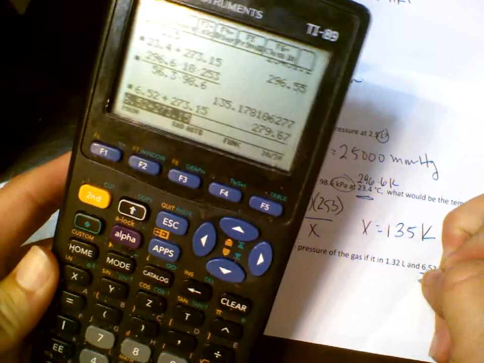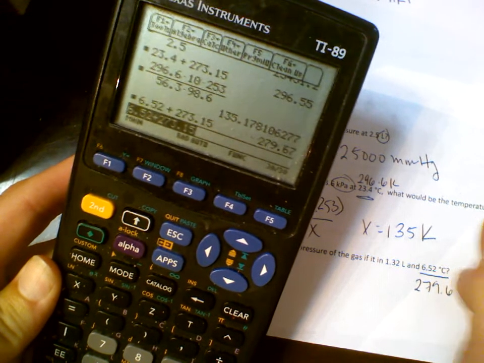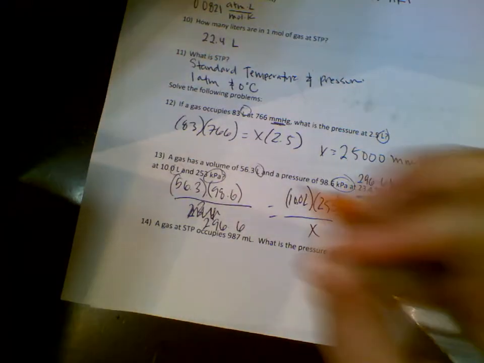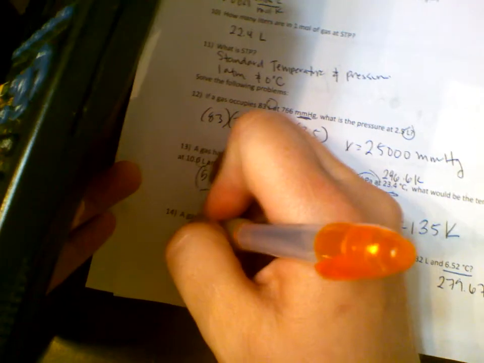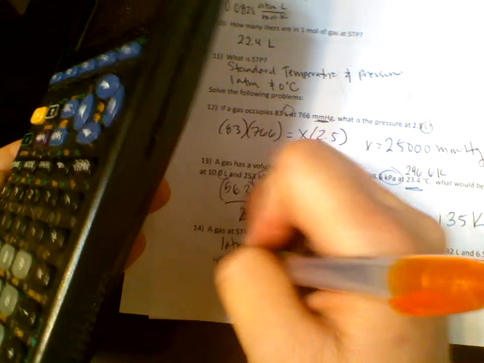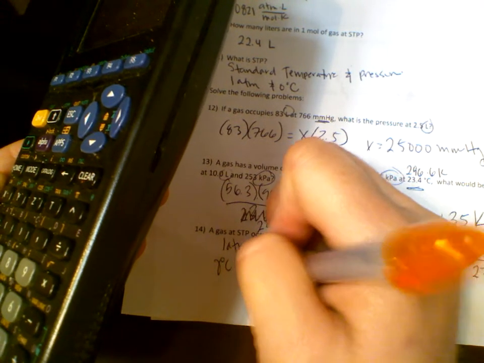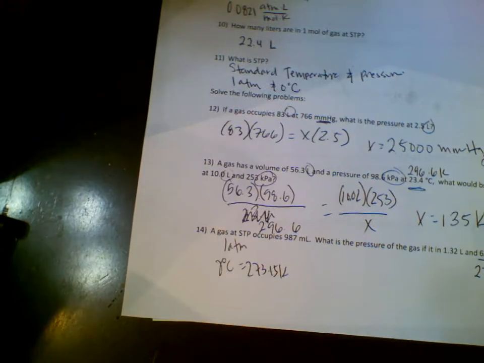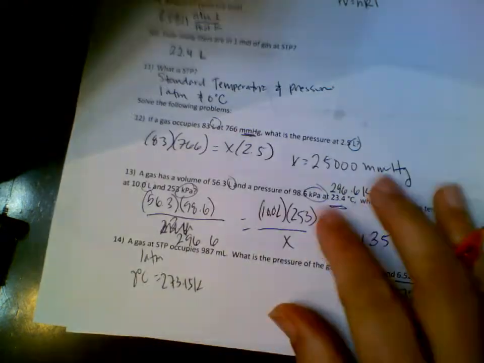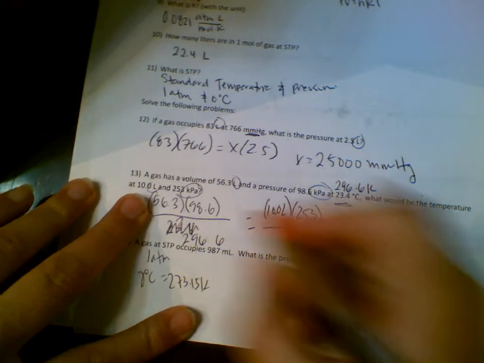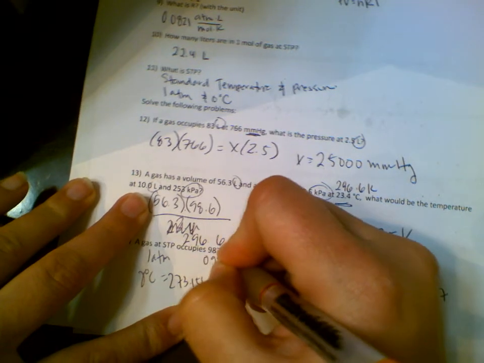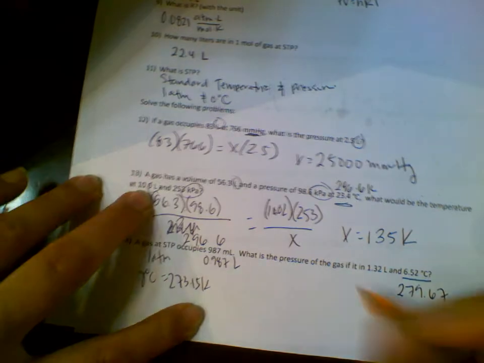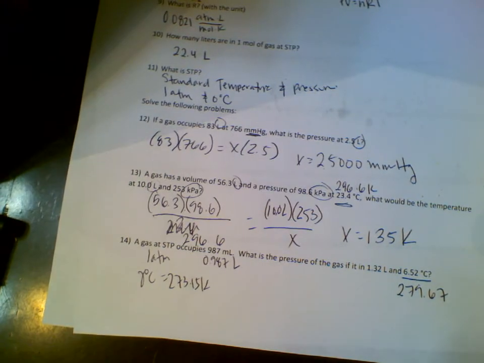So that's going to be 279.67. STP is 1 atmosphere, 0 degrees Celsius, which is 273.15 Kelvin. My volumes, one volume's in milliliters, the other's in liters. I'm going to change this to liters. It really doesn't matter. You could have changed this to milliliters and it would be the same thing.